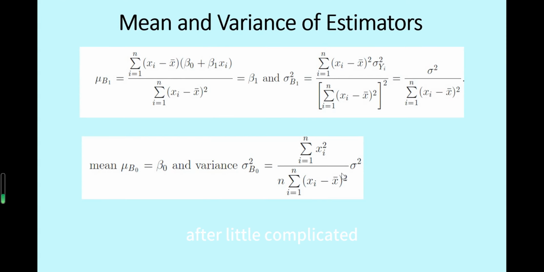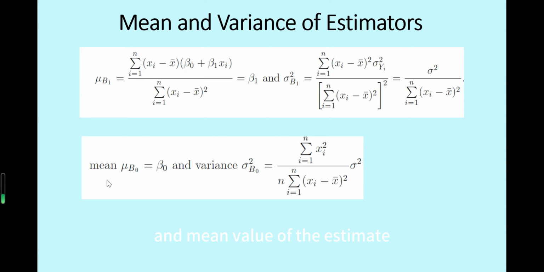After a somewhat complicated mathematical manipulation, we can get that the mean of the estimator b1 is the actual value of beta 1, and the variance of the estimator b1 is the variance of the error term divided by the sum of the squares of xi with respect to the x mean value.